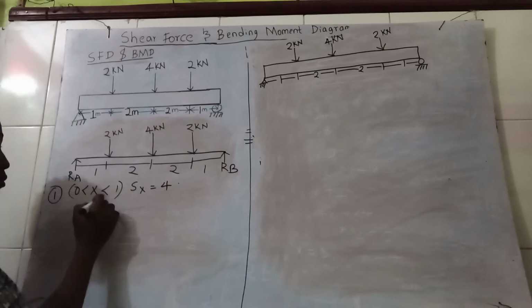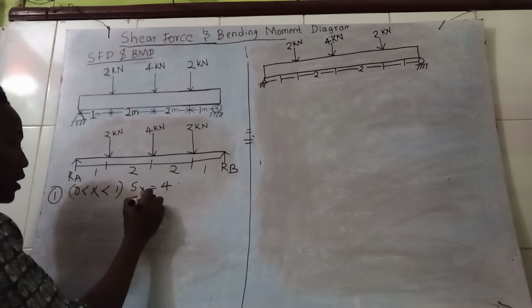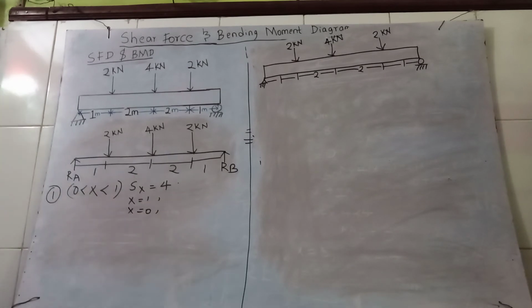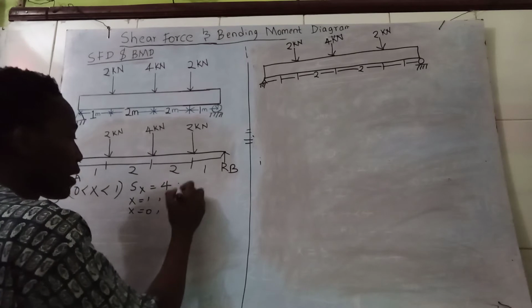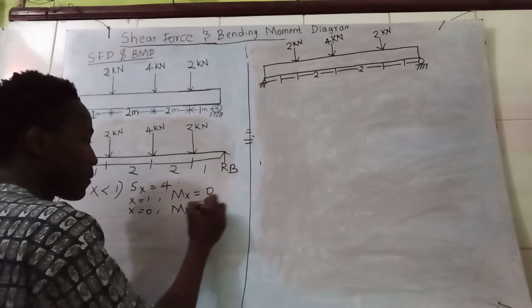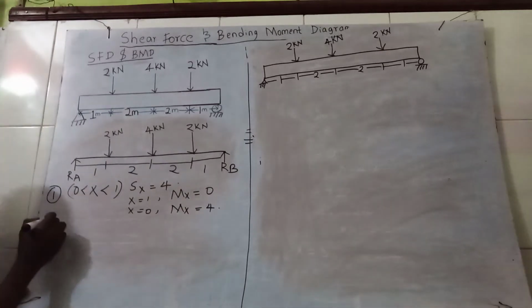Then for the moment at x equals 1 and x equals 0, we had Mx 0 and 4.